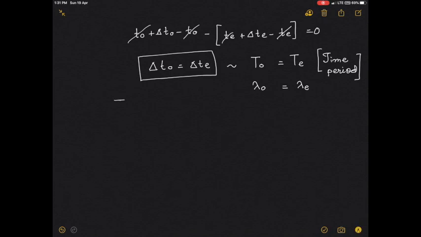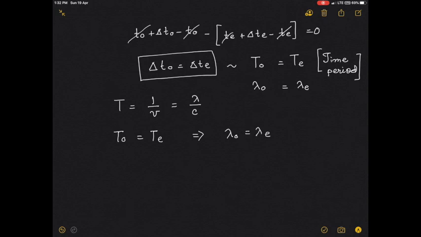Let me remind you of the relationship between time period and wavelength. The time period is equal to 1 by frequency, which is equal to lambda by c. So t0 equals te essentially means lambda 0 equals lambda e.